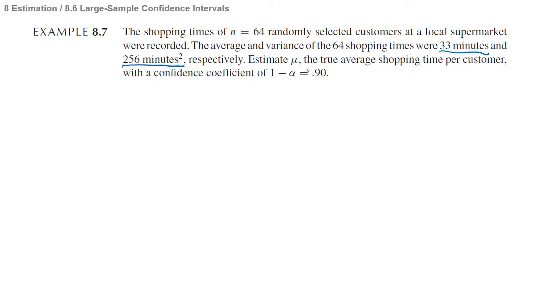Estimate mu, the true average shopping time per customer, with a confidence coefficient of 1 minus alpha equals 0.90. So the problem is to calculate the confidence interval for mu. What would be the lower bound and the upper bound? And the probability of this is 0.9.